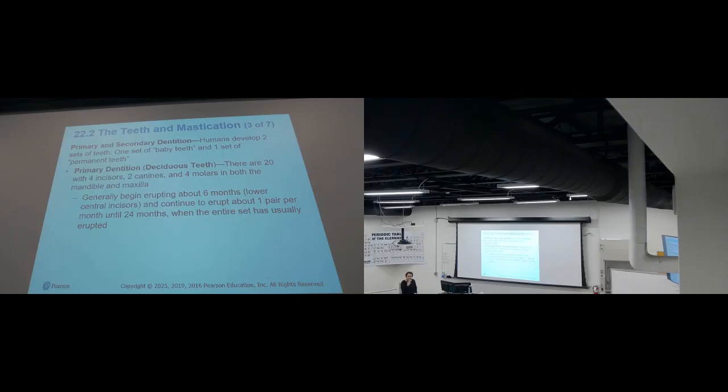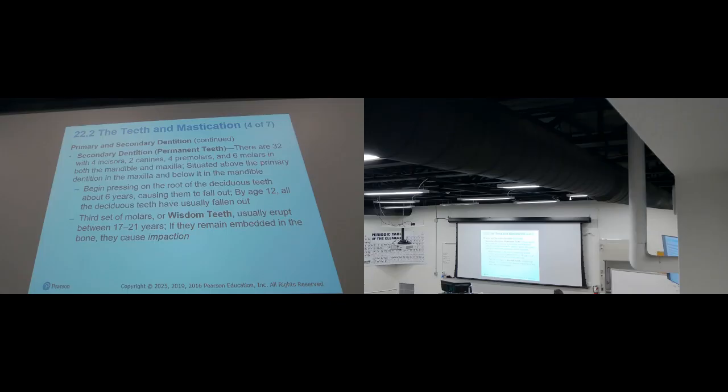They start with the first central incisors in the lower teeth, the mandibular. Looks very cute, and baby shows them to you. Look like little vampires doing this, showing you the first teeth. And then they end up erupting about 2 years old.